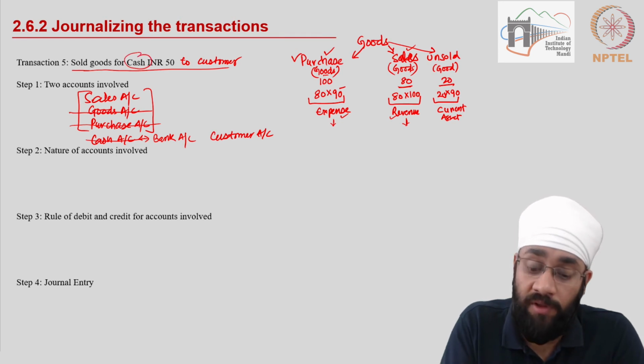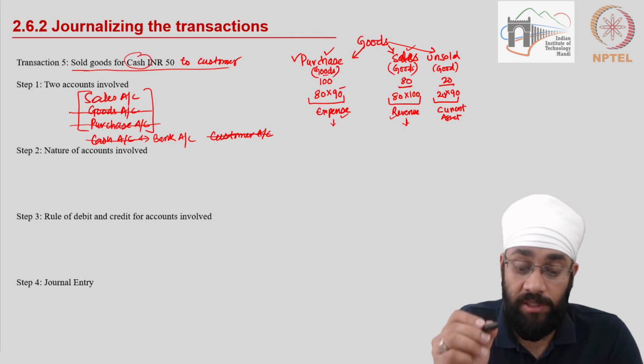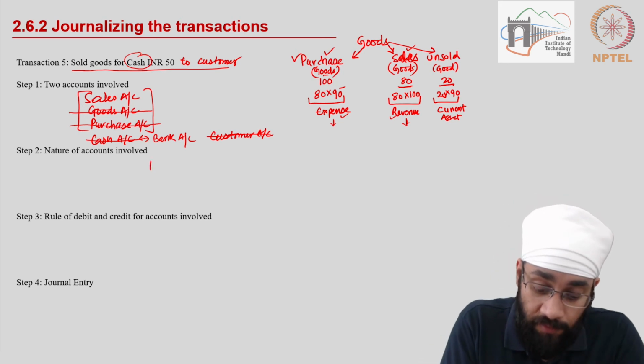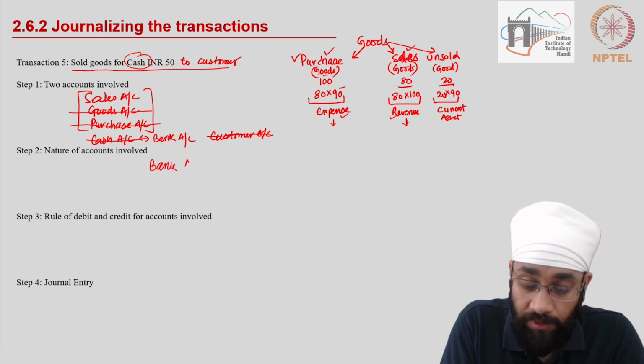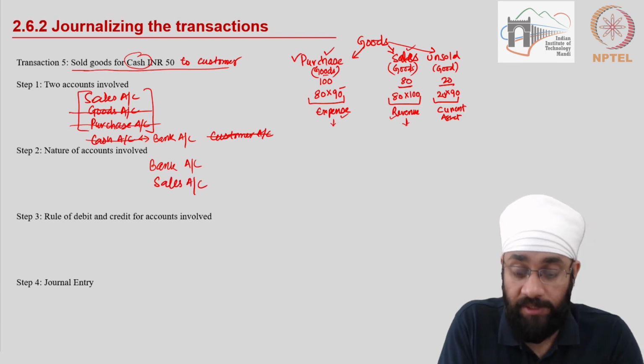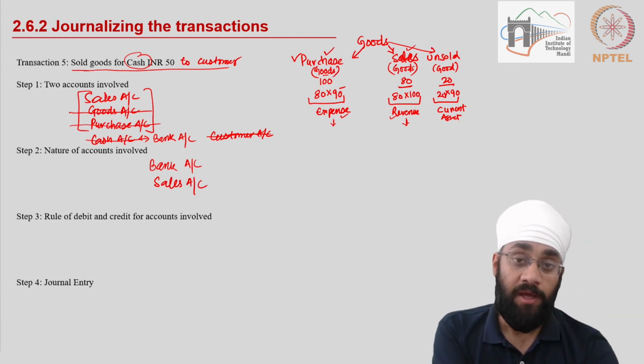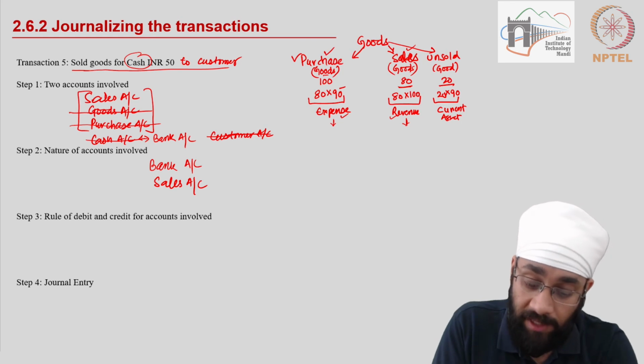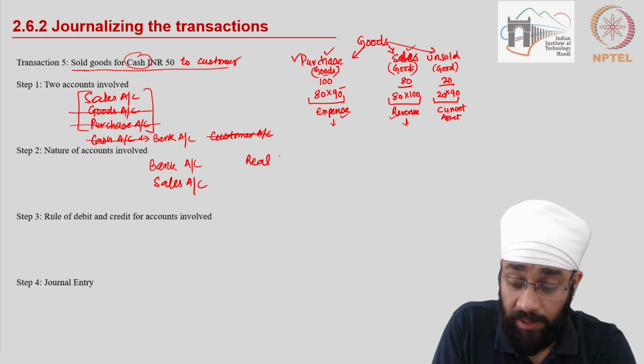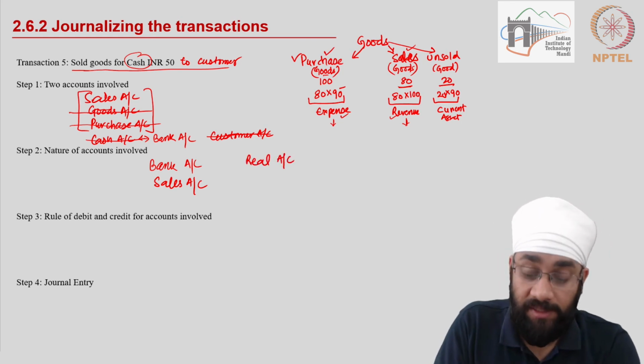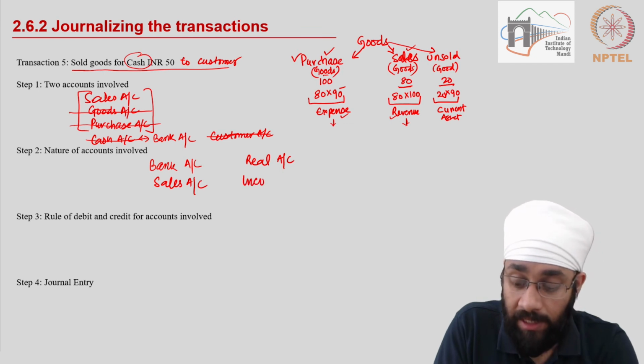Well, you don't have to bother recording transactions in his account. Therefore, you have bank account and you have sales account. These are the two accounts which are involved in this transaction. Bank is a real account. I think we've done this over and over. Sales, being an income, is a nominal account.